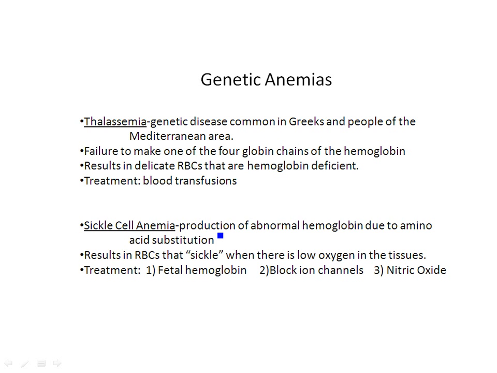You'll learn more about that later on. Basically, these hemoglobin chains don't work right, and they form rods, and those rods cause that red blood cell that's normally of this biconcave disc shape to turn into a sickle shape like that.